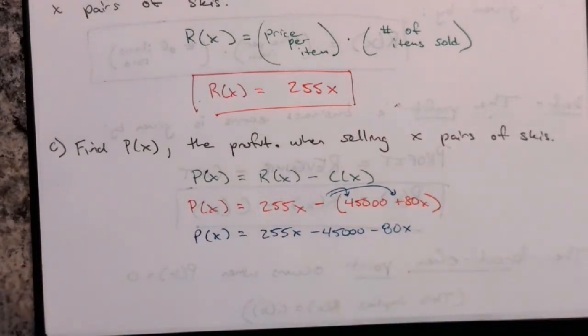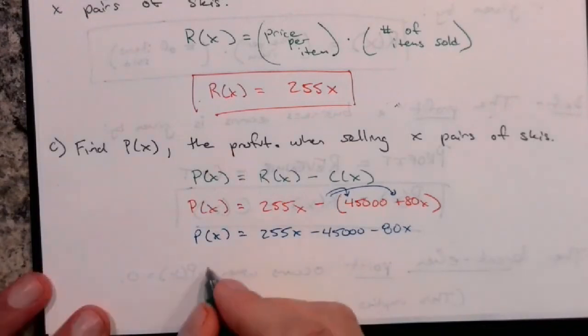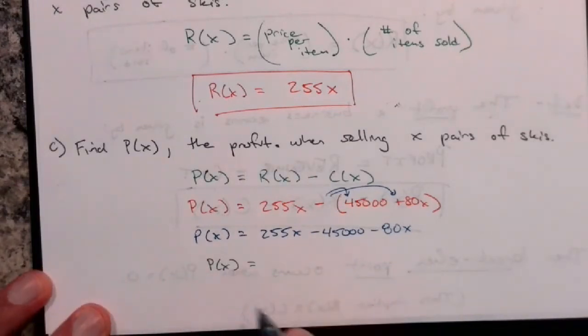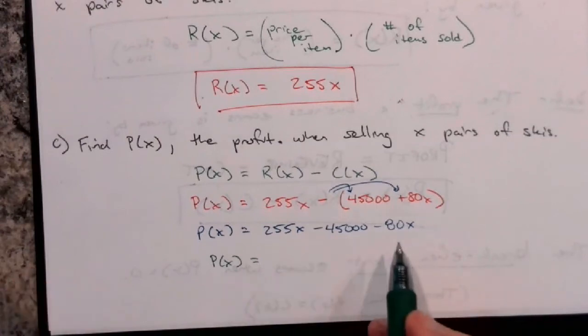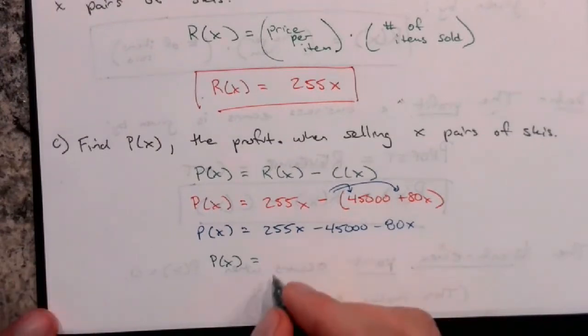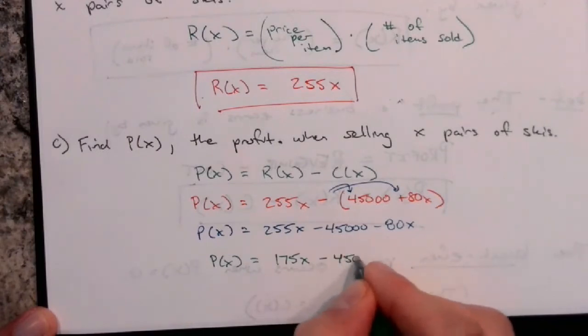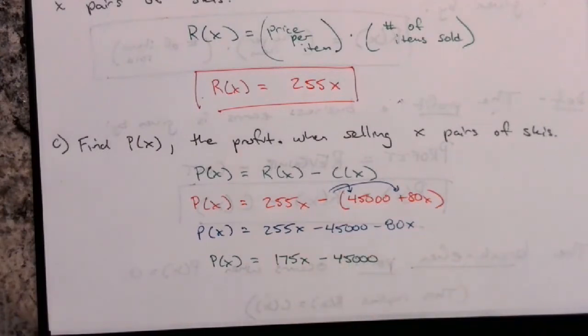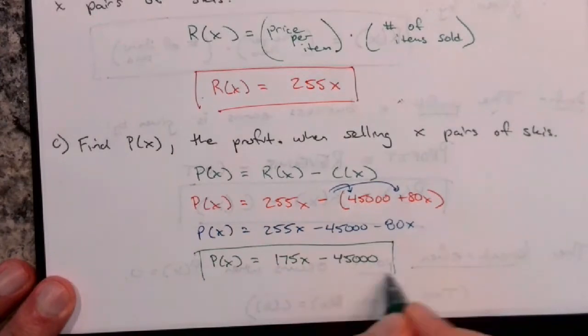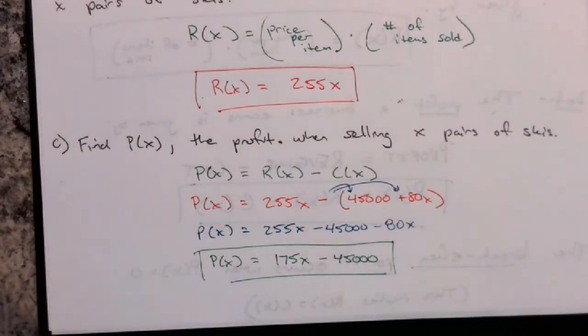And then to simplify this, we end up with P of X equals 255X minus the 80X gives us 175X, combining like terms, minus 45,000. And that's the profit when producing and selling X pairs of skis. All right, and then you could substitute X in for your pairs of skis and find a profit.